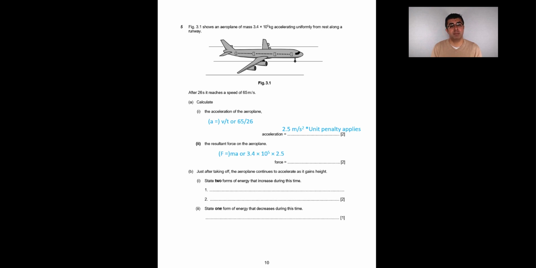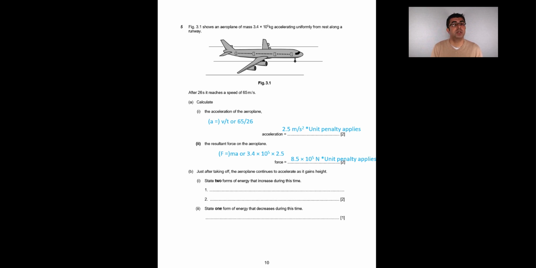That's F equals ma, which is 3.4 times 10 to the 5, the mass that was given, times the 2.5 meters per second squared, which is the acceleration that was found, which gives 8.5 times 10 to the 5 newtons. Now again, don't worry about rounding, and don't worry if you didn't put your answer in standard form. But no unit, you would definitely drop a mark.